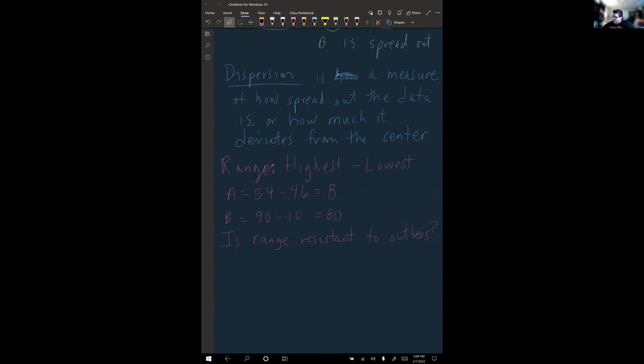Let's add 100 to group A. And now the range of our new A is 100 minus 46, which is 54. So having a number that's far different from the rest changes the range by quite a bit. So the range is not resistant.